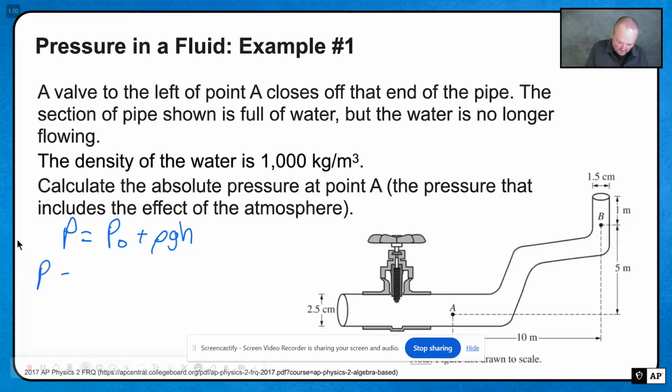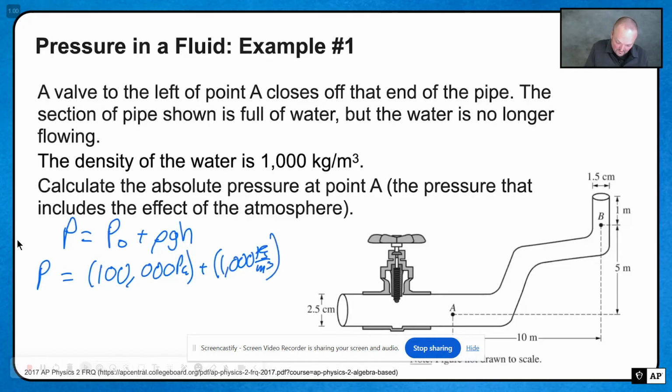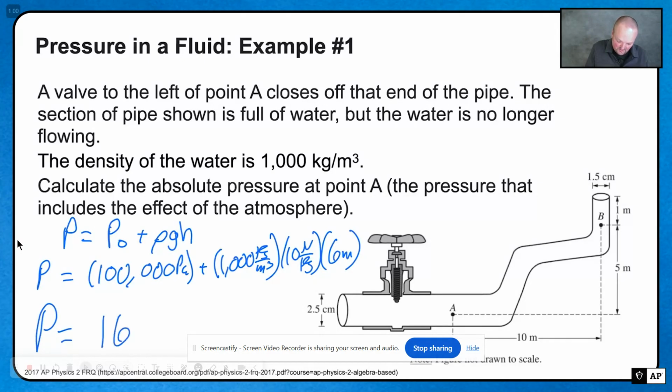So our absolute pressure is the atmospheric pressure, which is 100,000 pascals, plus the density, which is 1,000, gravitational field strength, we're just going to use 10 newtons per kilogram, and then we know that the depth is 6 meters total. When I do all that calculation, I get a total absolute pressure of 160,000 pascals. So that's our first example problem. Let's look at our second example problem next.